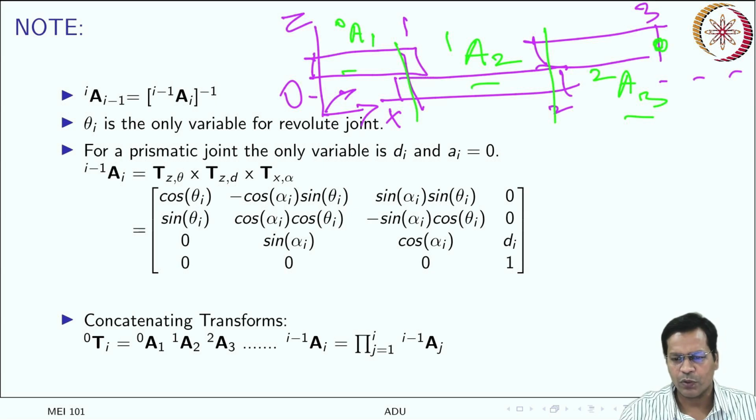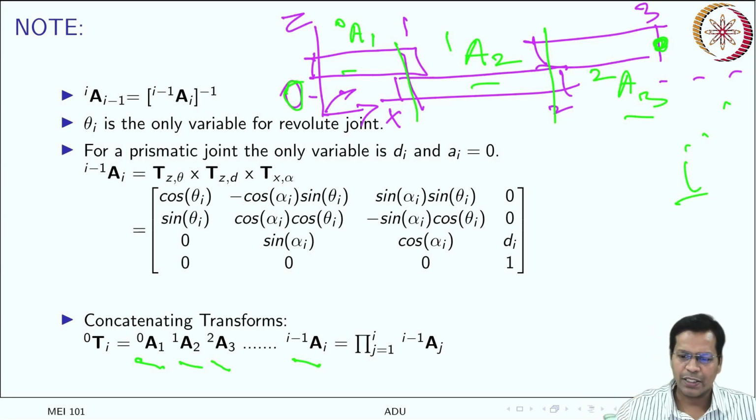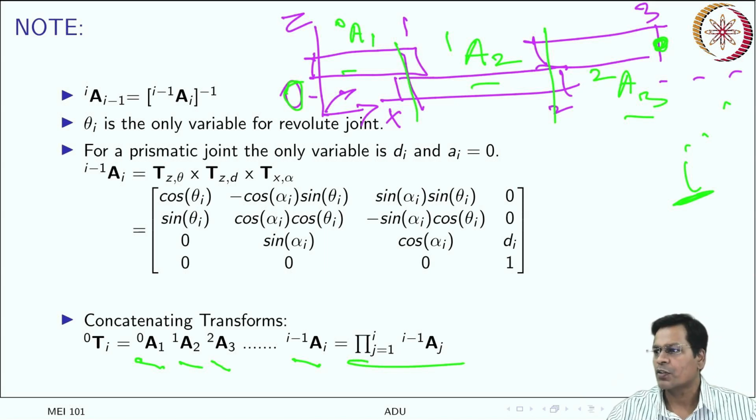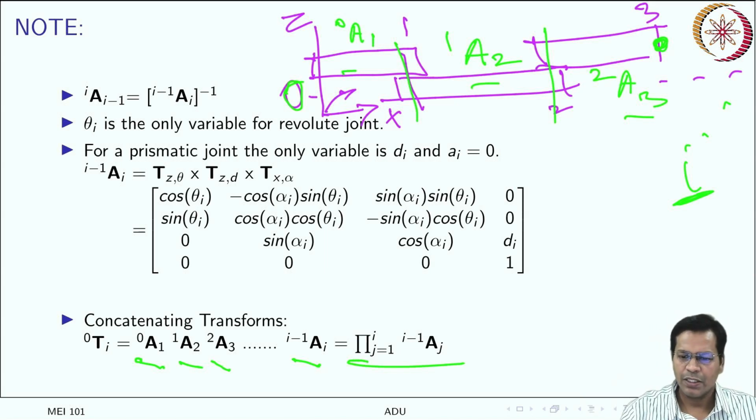So finally if you want to reach here, you have to multiply all of them together, concatenating them: 0 to 1, 1 to 2, 2 to 3, finally till I minus 1 to I. So with respect to ground, any ith link frame, that is the frame which is finally attached to the ith link, if you want to reach there, you have to take the product of all of them. So this is how you reach till the end point of a link. Here in this case it is the third link, I is equal to 3.